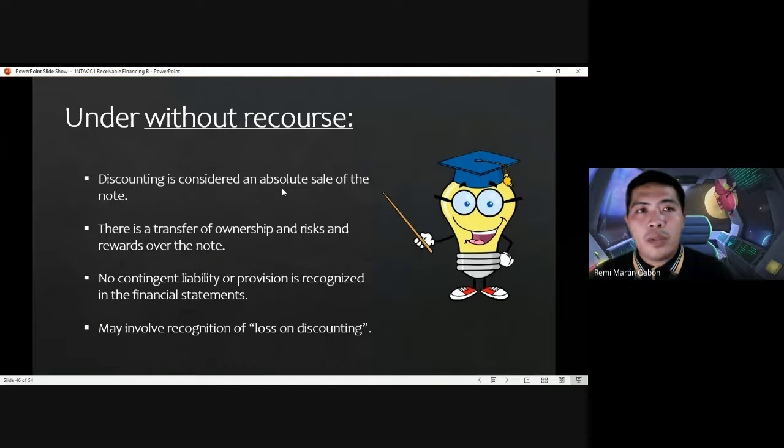Pag sinabi natin absolute sale, I am relieved of everything including the responsibility to collect the notes receivable. Therefore, there is a transfer of ownership and or the risks and rewards over the promissory note. Since without recourse is an absolute sale of promissory note, no contingent liability or a provision will be recognized in the financial statement. And the same with conditional sale, it may involve recognizing loss on discounting.